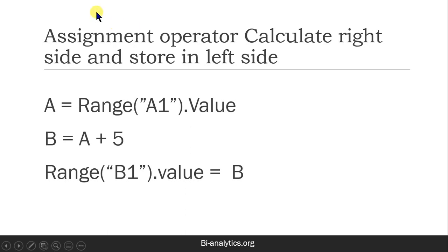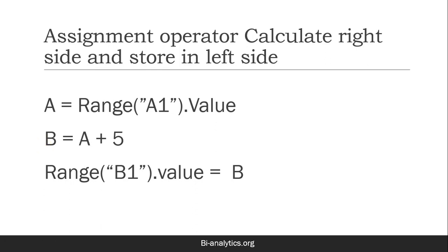What does that mean? See, A = Range("A1").Value. It means it will pick the value of the A1 cell and store it in A. So from the right side, it has gone to the left side. Now, B = A + 5. So if A is 20, 20 plus 5 is 25, it will solve it and store it in B. This is called storing in a variable.